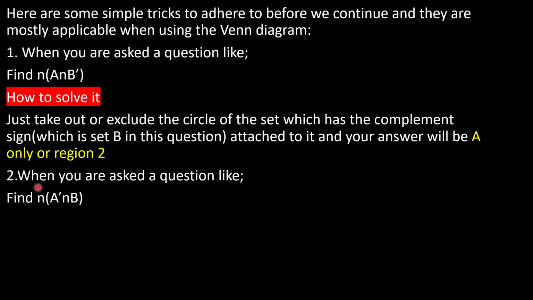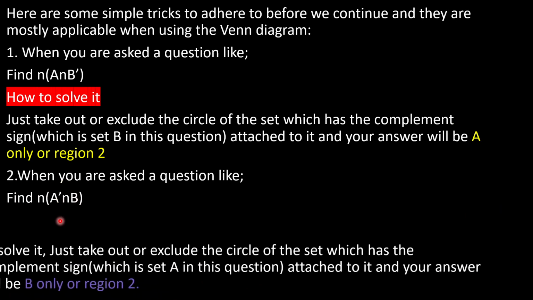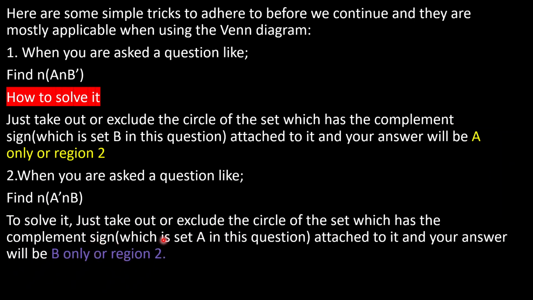Number 2, when you are asked a question like find A complement intersection B, this is the same as the number 1 trick. A complement intersection B means take the circle of the set A out and you'll be remaining with set B. So to solve it, just take out or exclude the circle of the set which has the complement sign, which is set A in this question.